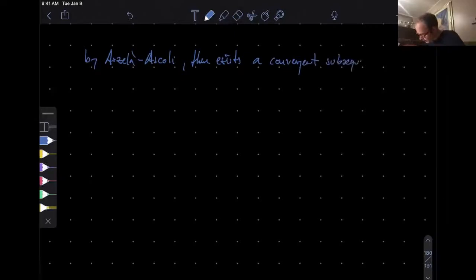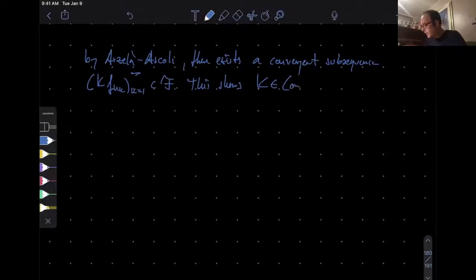It is uniformly convergent if you evaluate it on the x, but that's not what I'm writing. There is a convergent subsequence Kf_{n_k} in infinity norm. All right, and this shows that the integral operator is compact on my space X. Okay, good.